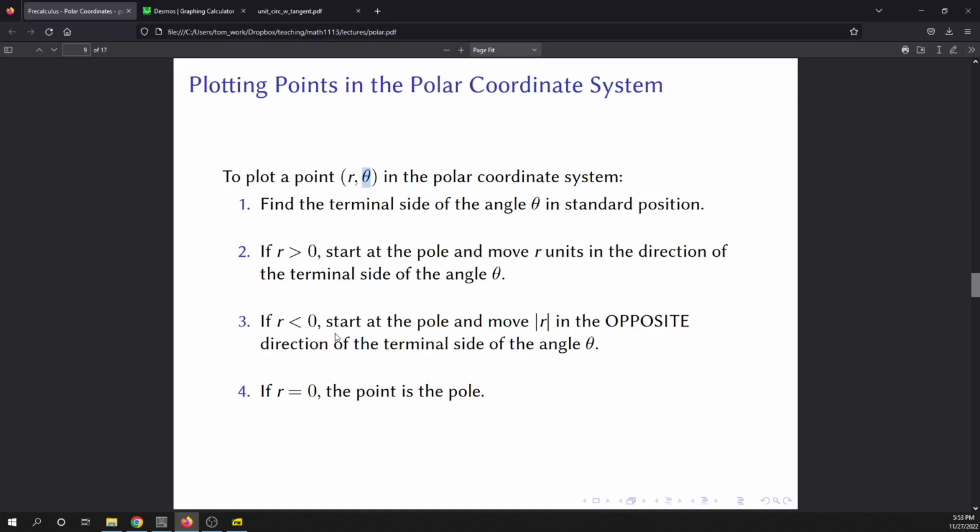If the r is negative, though, you move in the opposite direction of the terminal side of the angle theta. And wherever you stop, that's where the point is located. And then the other thing is that if r is 0, right, then that point is the pole itself. Okay? All right, in the next video, we will start talking about how to convert points between the rectangular and polar coordinate systems.